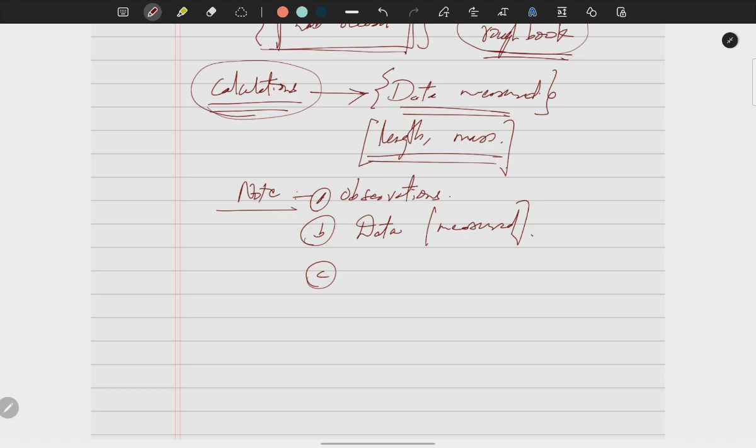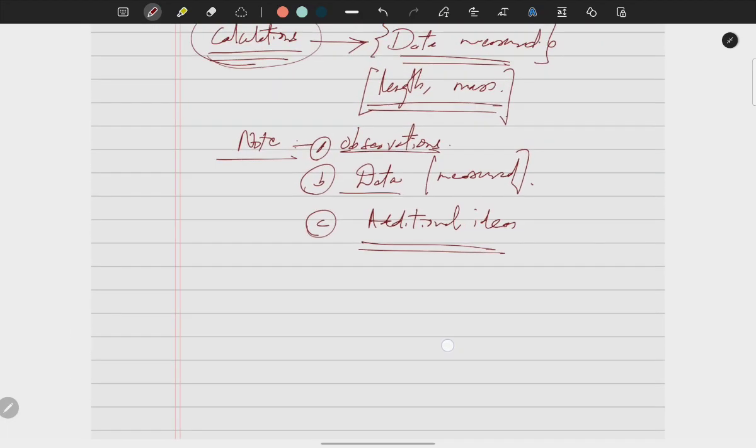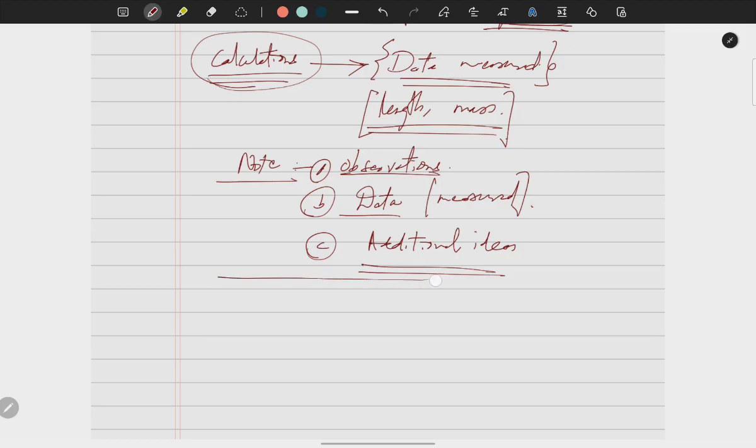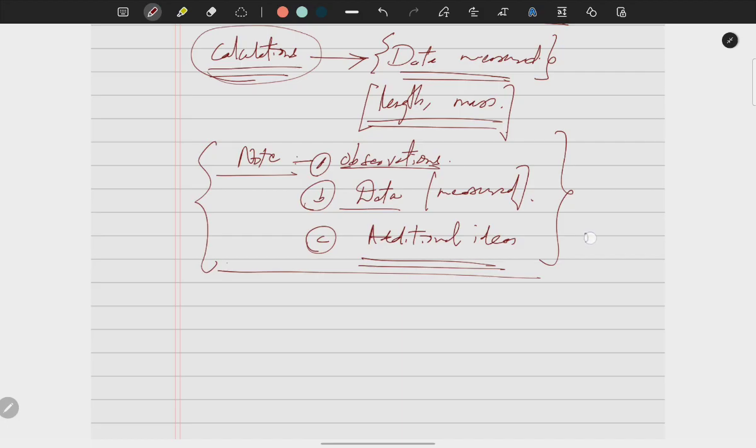You can also include additional ideas that you have, like how you think you can modify the experiment. So you attend the lab with the rough book and enter all these details. This will be called raw data.